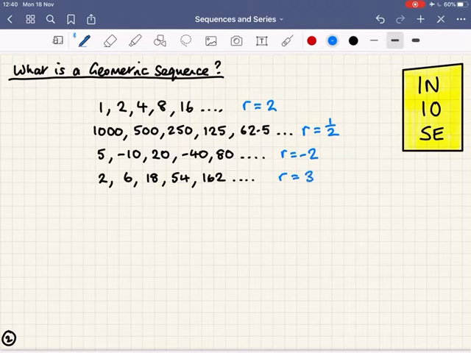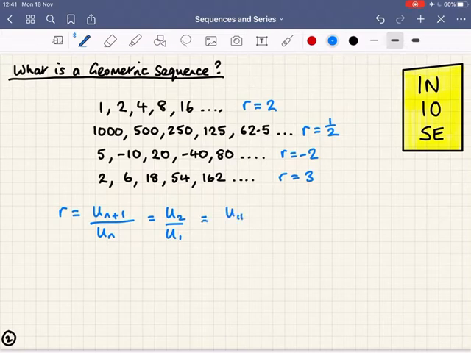Now, in every case, we find that common ratio by dividing a particular term by its previous term. And we can denote that with u(n+1) divided by u(n). It could be, for example, u2 divided by u1. It doesn't have to be those two, it just has to be 2 terms that are next to each other.